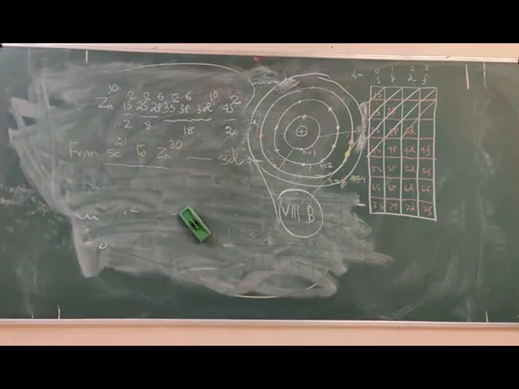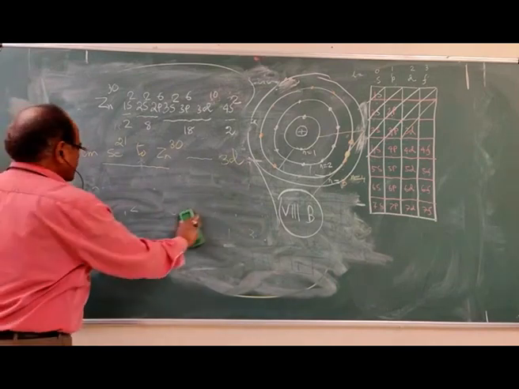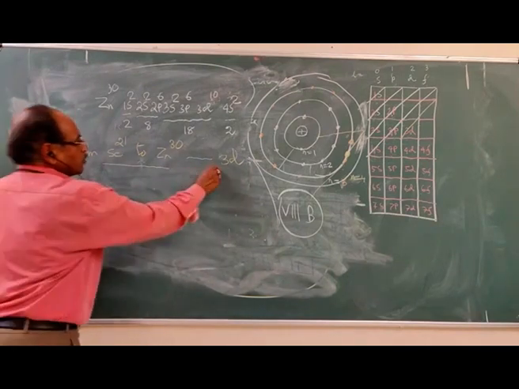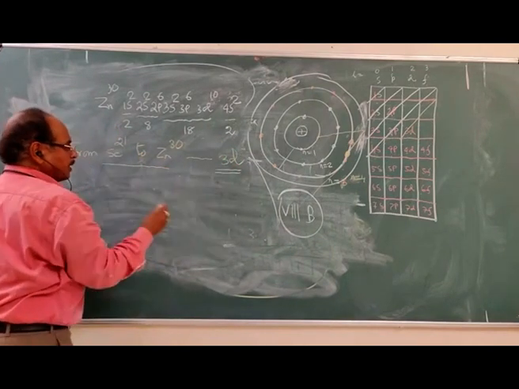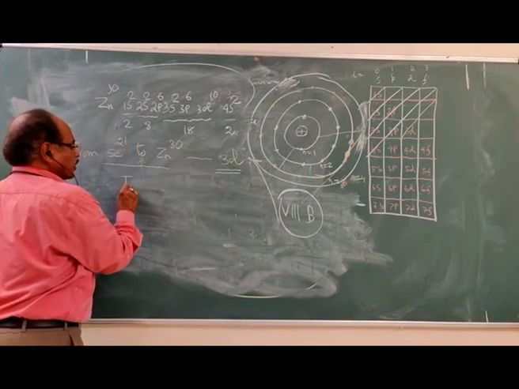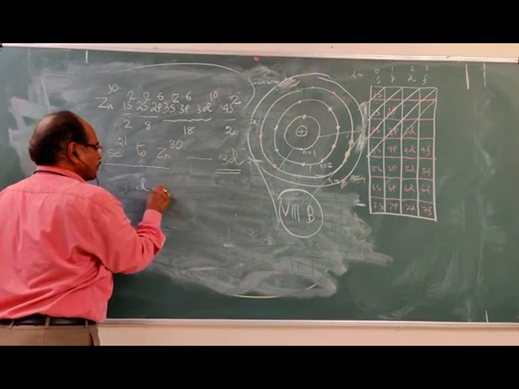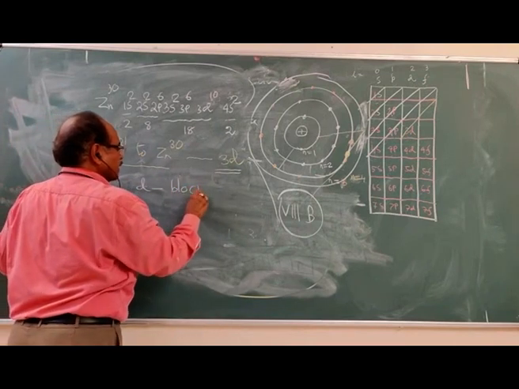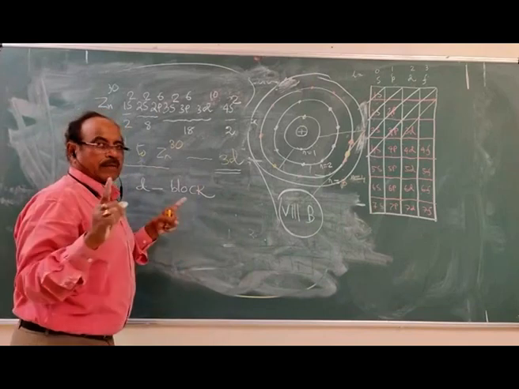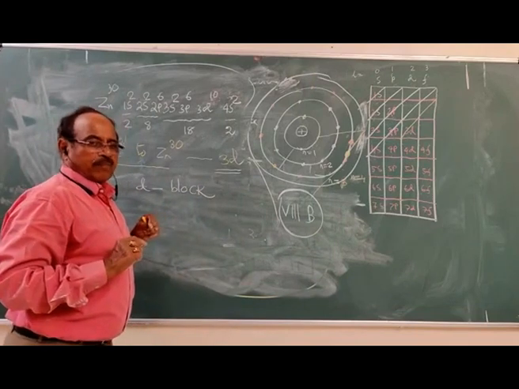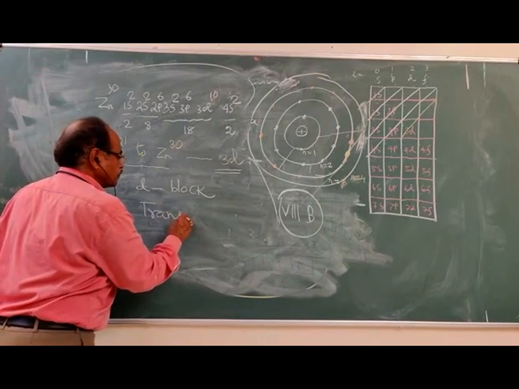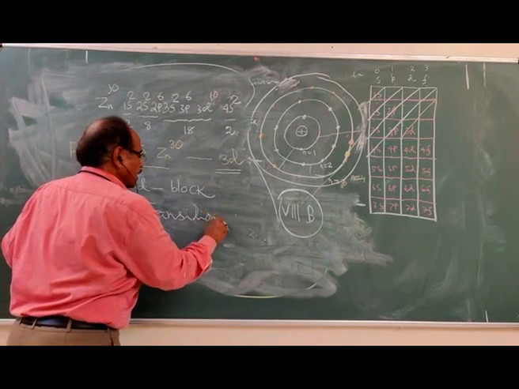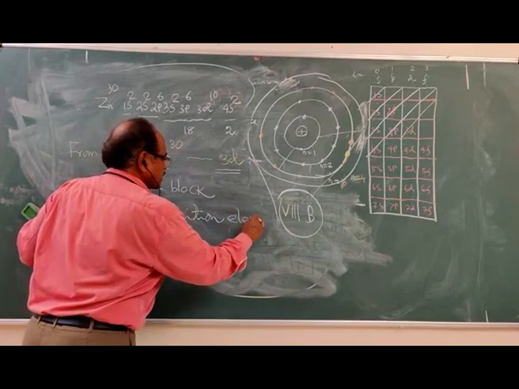The 3d orbital is the d orbital of the penultimate shell. So in these elements the electrons are filled into the d orbital, d1 to d10, and these elements are called d block elements. They are placed in between the s block and p block of the periodic table, and are called transition elements.